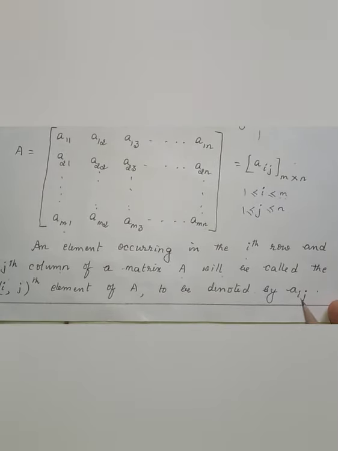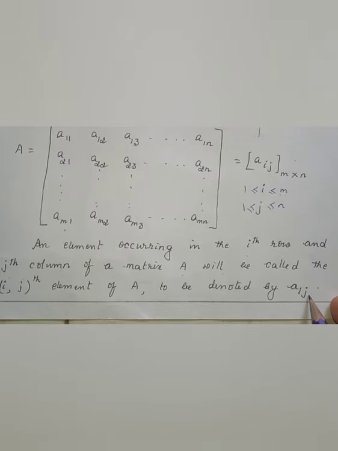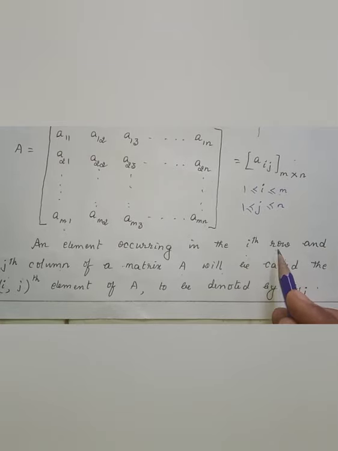Is it clear? That means if there is an element A21, that is an element occurring in the second row and first column of the matrix. That element is A21.